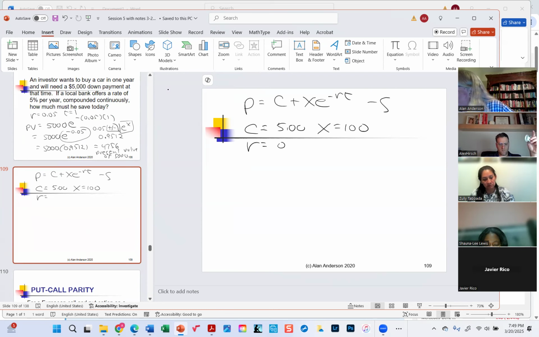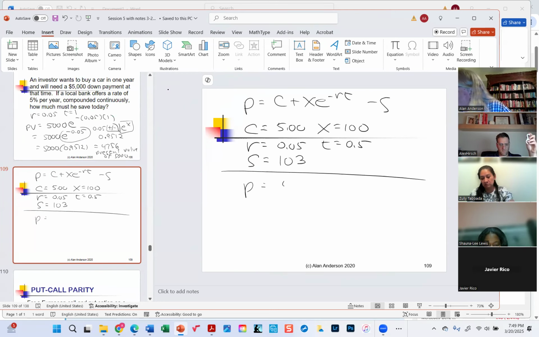The risk-free rate is 5%, and they're both 6-month options, so we'll call that 0.5. The underlying stock price is, let's say, 103. So the question is, what is the corresponding put price? If the call is worth $5, how much is the put worth that's written on the same stock?